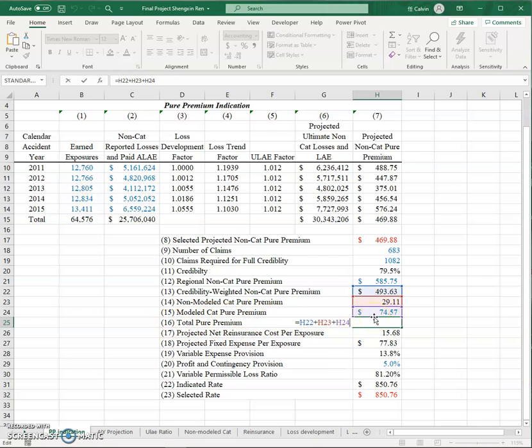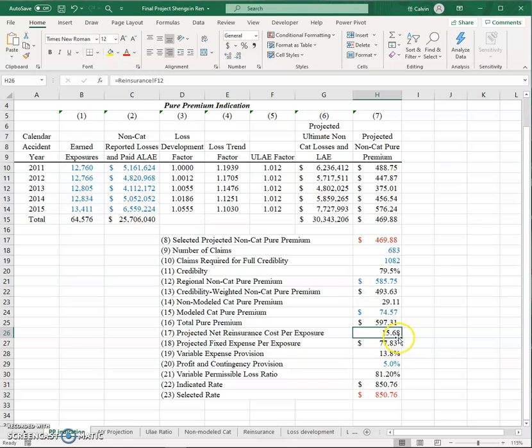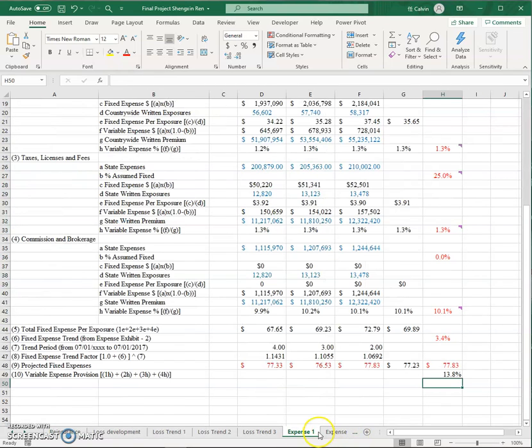We got the total pure premium. The projected net reinsurance cost per exposure, we also have this number right here, projected. It's 15.68, and the projected fixed expense per exposure we calculated here.